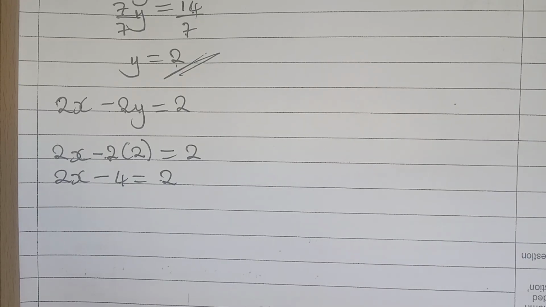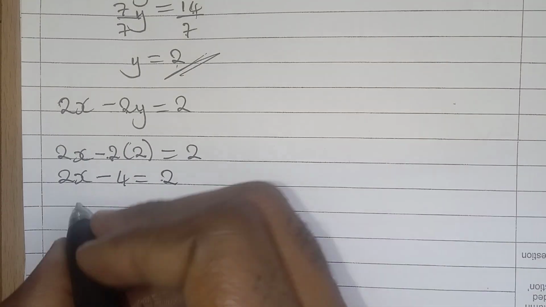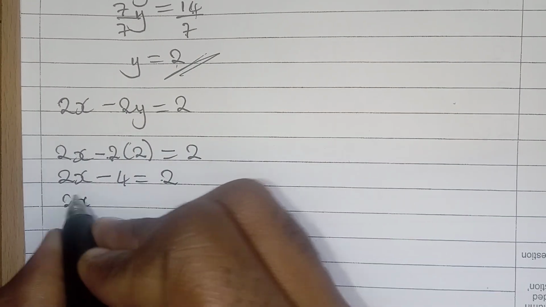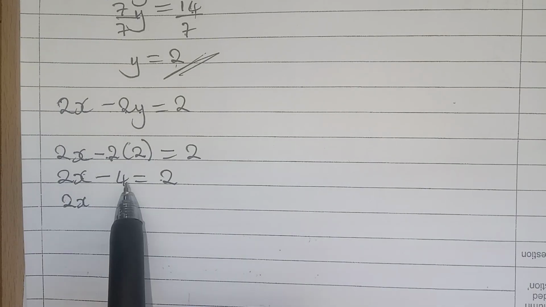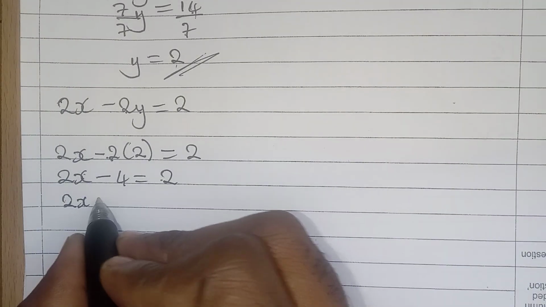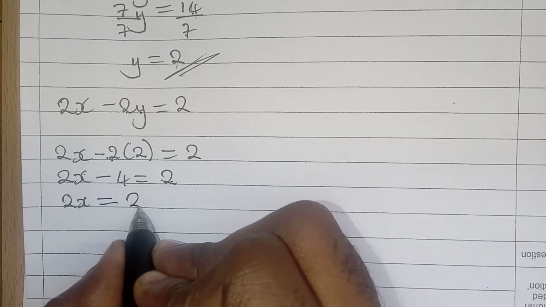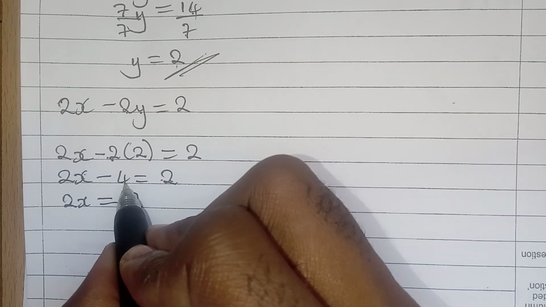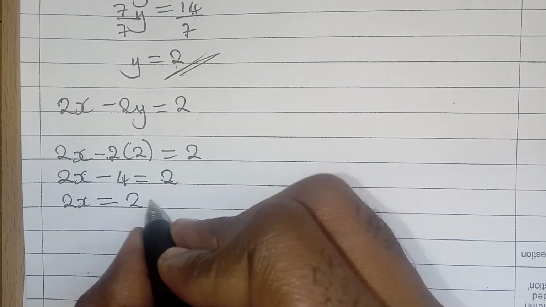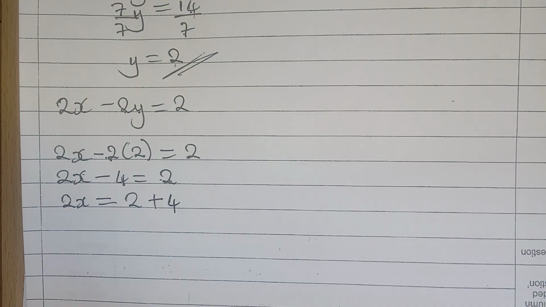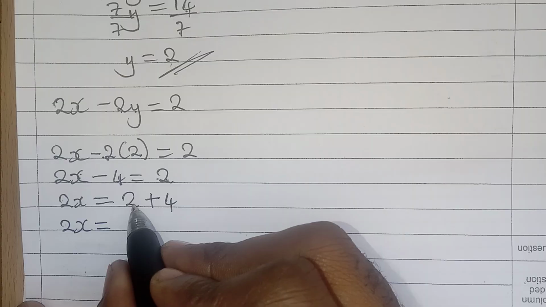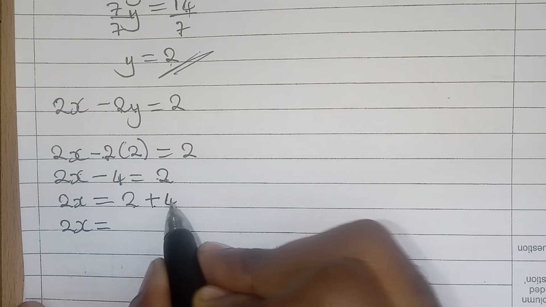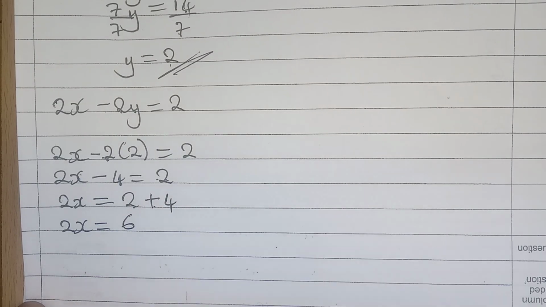And then now to solve for x, you can collect the like terms. So we have 2x as the only term in x, and then we have these two constant terms. So we can leave the 2 as it is, and then take the negative 4 to the other side, which will be positive 4. And then we have 2x is the same as 2 plus 4, which is 6.